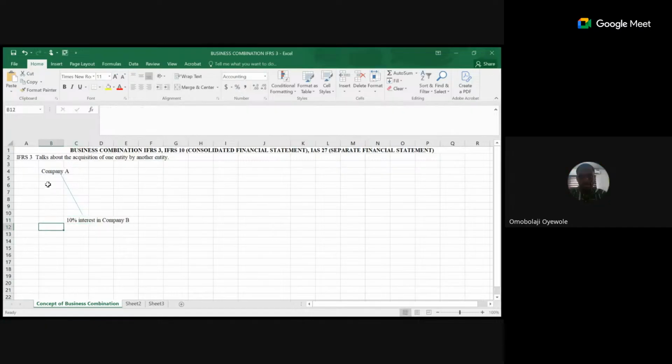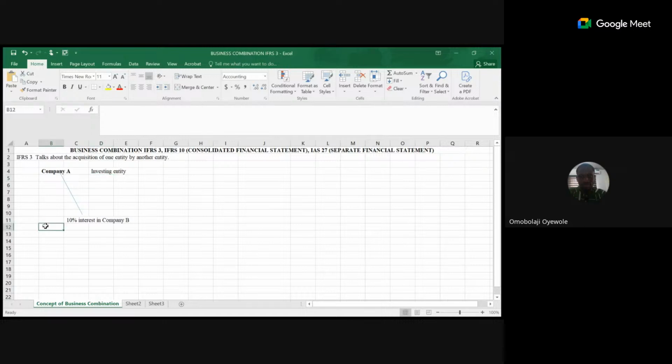Now, this is company A, the investing entity, the entity that is acquiring interest in another entity. Company A is acquiring a 10% interest in company B. You should understand that this 10% interest cannot bring about business combination.